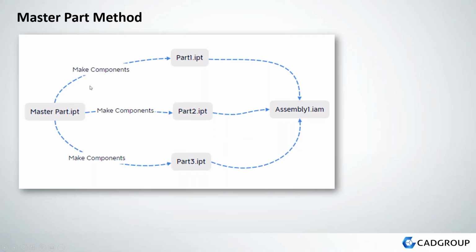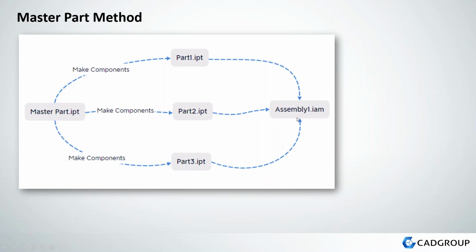Then you use Inventor's make components command, and what that does is derive all of these components from that master part. So each solid body becomes a single part file. And then that same command will also place all of those components into the assembly itself.